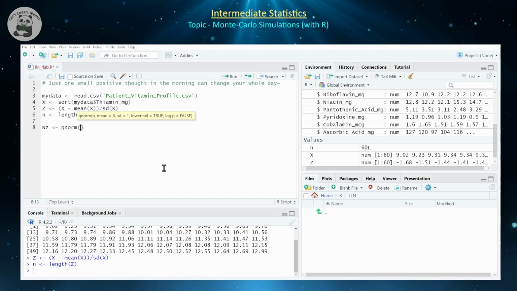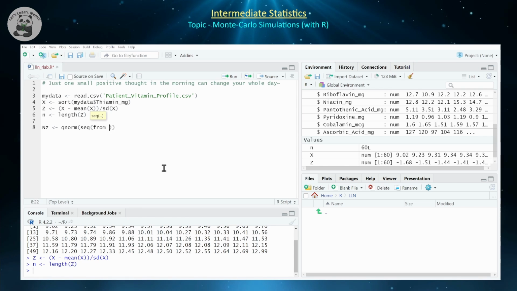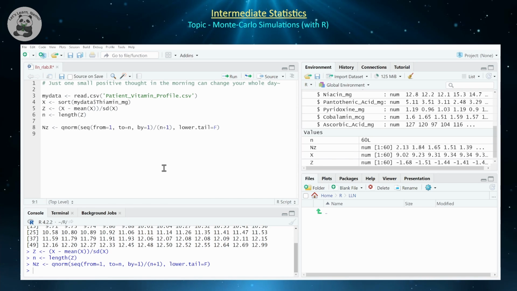Let's partition that into n plus 1 areas, based on n points that should be distributed according to a normal distribution. We can easily do that by creating a sequence from 1 to n, incrementing by 1, and dividing each of those numbers by n plus 1, and let's make sure that those critical values are generated from the lower tail and increasing from left to right.